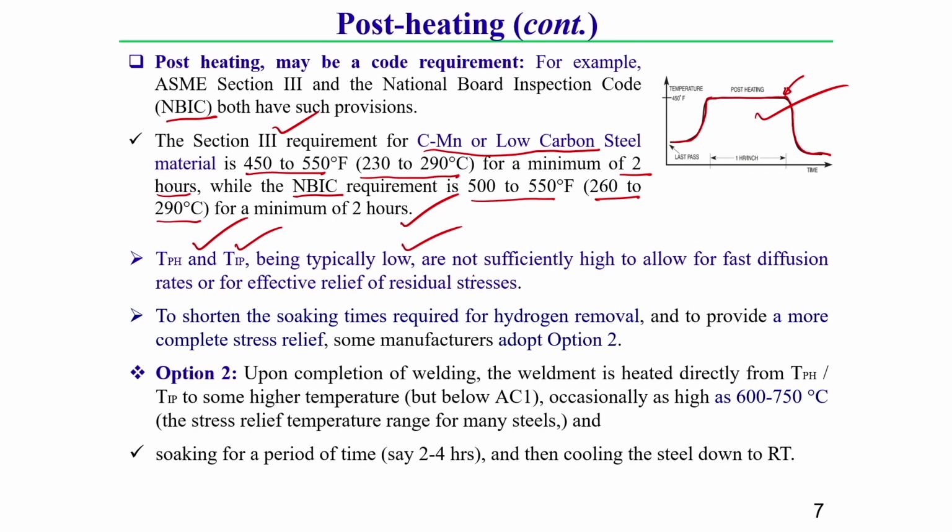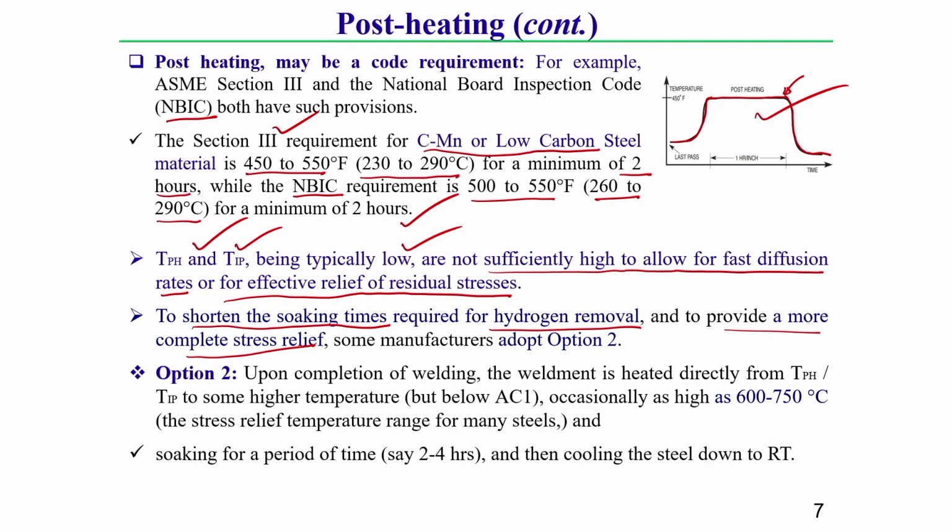So, what happens, they are not sufficiently high to allow a fast diffusion rate of this hydrogen, or effective relief of residual stress also. That is why, to shorten the soaking time required for hydrogen removal and to provide a more complete stress relief, some manufacturers adopt option 2. You should keep this in mind.